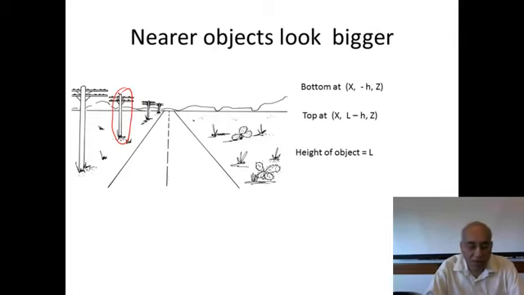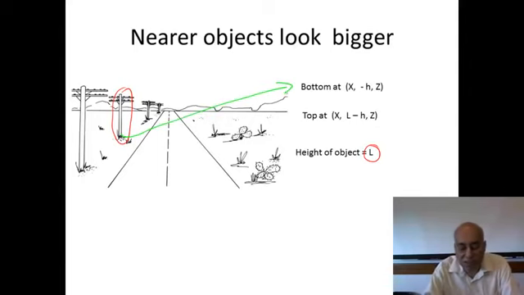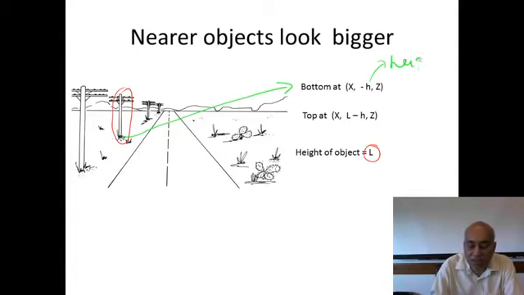So its length in the world is going to be L. So that's the height of the object out in the world. In the image, we are going to consider the point corresponding to its bottom, and its bottom is at x, comma, minus h, comma, z. So where does the minus h arise from? This is the height of the camera.